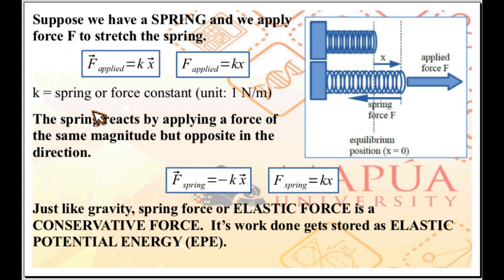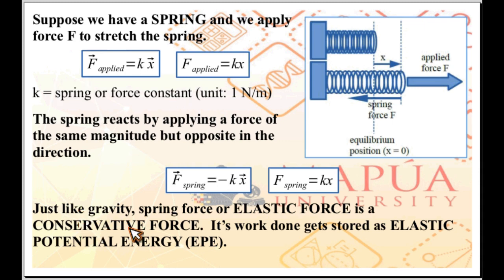And k, we refer to now not just as the force constant, but rather as the spring constant. It's a property of each spring. Each spring has its own value of k. The spring constant, also known as the force constant.